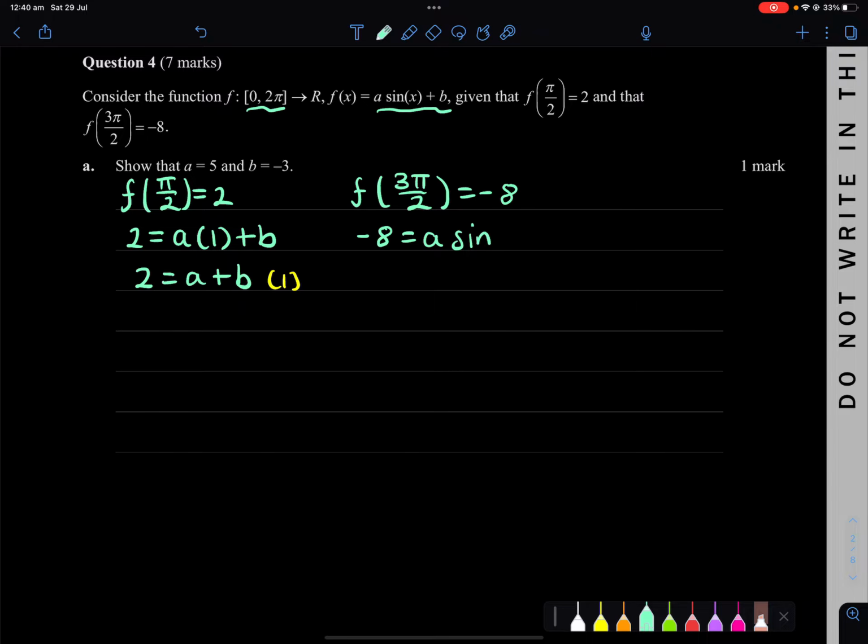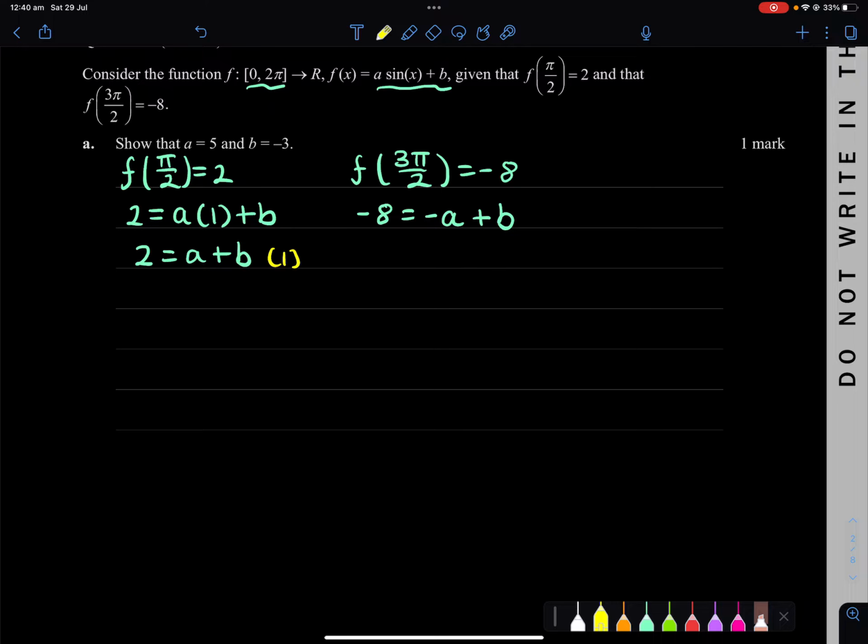It's sine of pi plus pi over 2, which is negative, so it will be negative a sine pi over 2. We know that sine pi over 2 is just 1, plus b. And that is your second equation.